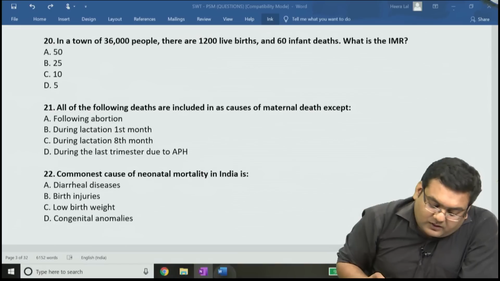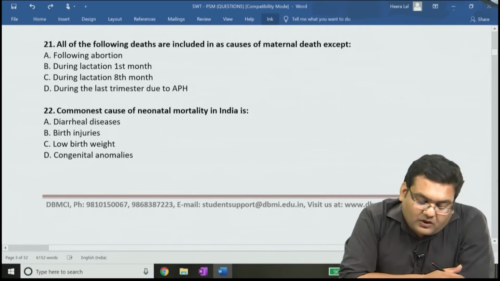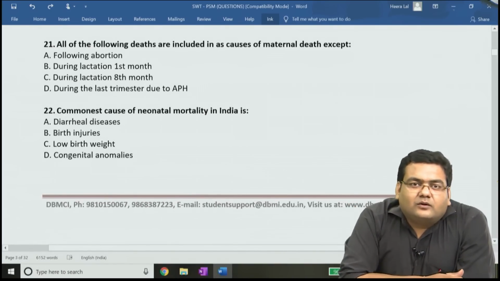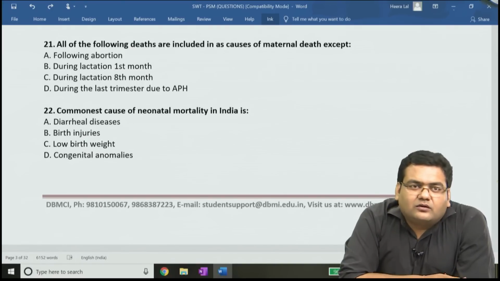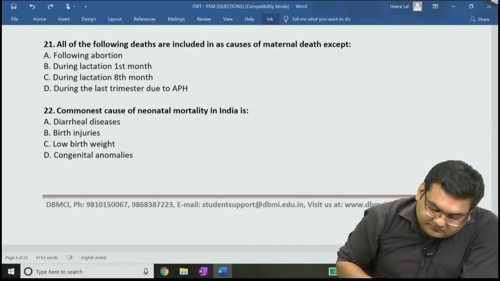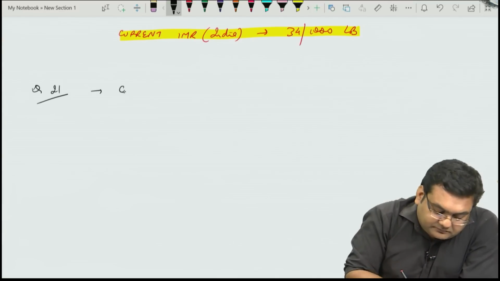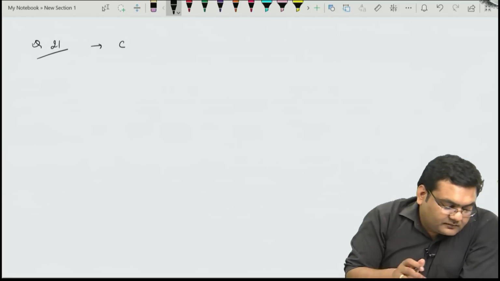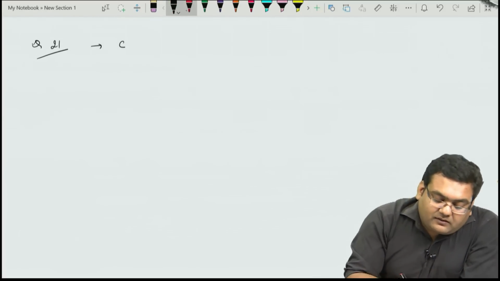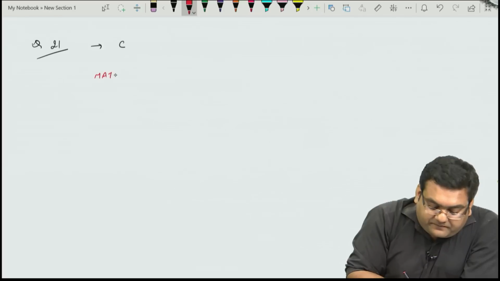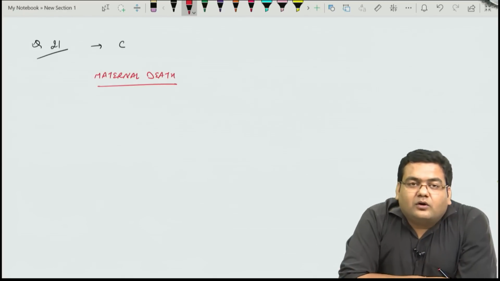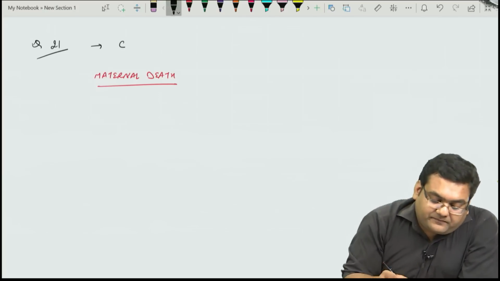Coming to question number 21. All of the following deaths are included as cause of maternal deaths except. The correct answer is option C, that is during lactation, 8th month. Now here we need to define whom do we call as a maternal death.